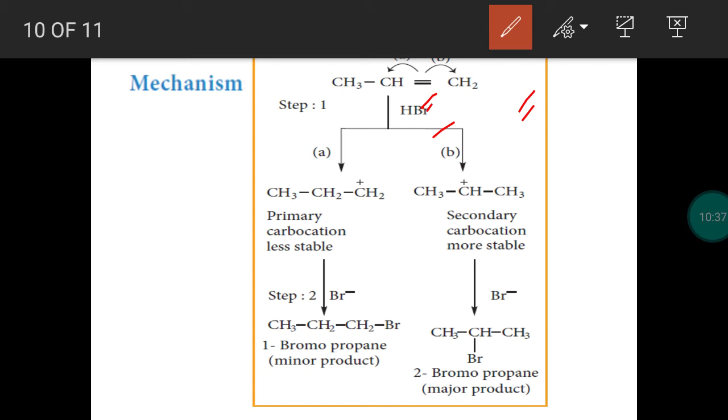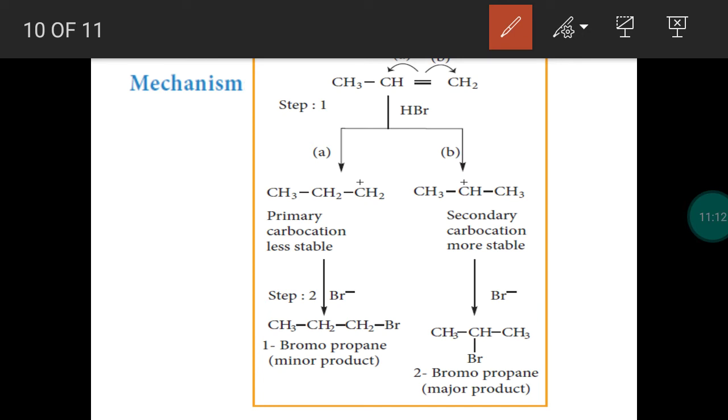So it is a heterolytic fission, not a homolytic fission. Homolytic fission will give you free radicals, but here heterolytic fission of a double bond will give you negative charge and positive charge. So when hydrogen halide like HCl or HBr approaches an unsymmetrical alkene, there will be heterolytic fission. Due to heterolytic fission, the double bond can be shifted either to the left hand side or the right hand side. Two possibilities.